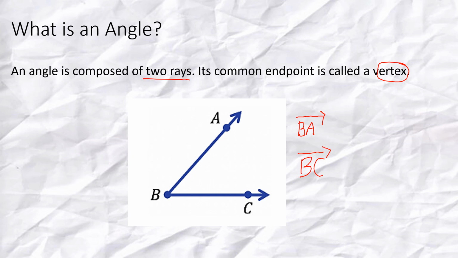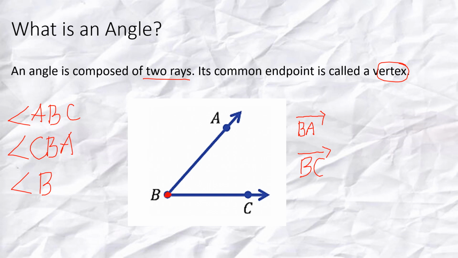This angle can be named in different ways. The first name is angle ABC, angle CBA, and angle B. Angle B serves as your vertex. This is the point where these two rays meet.